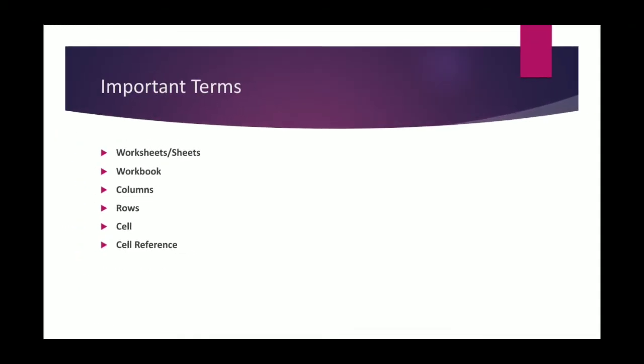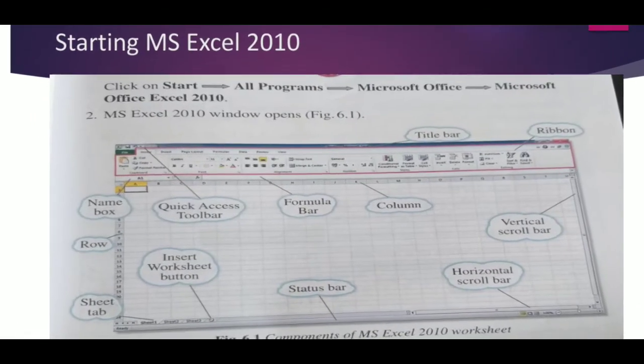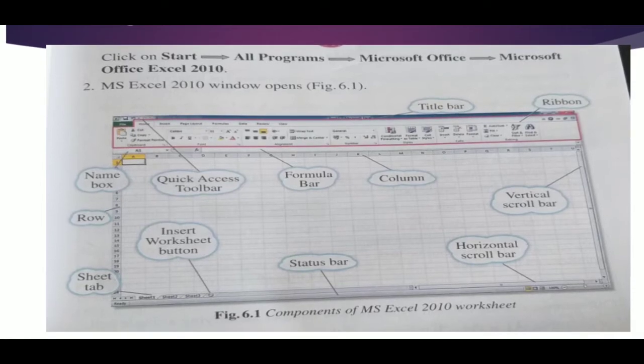By default there are three worksheets in a workbook. These are represented in the form of tabs at the bottom left corner of the window. This is the worksheet button.